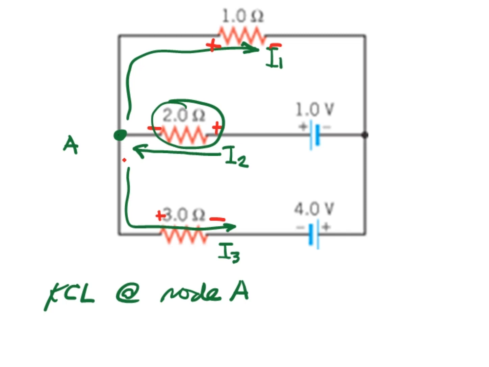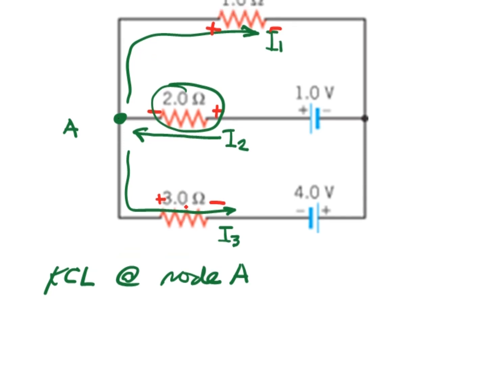But what I would really suggest is that you be consistent with your conventions, like in assigning these terminals. Where the current enters, positive; where it leaves, negative. We assume, okay?